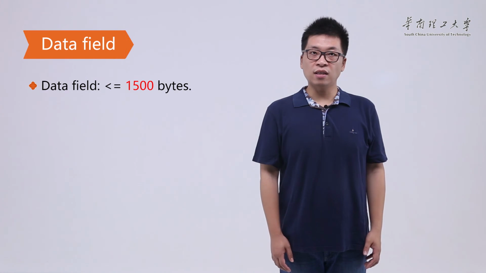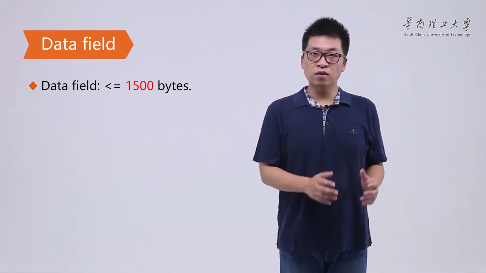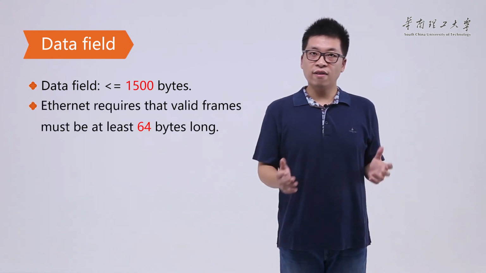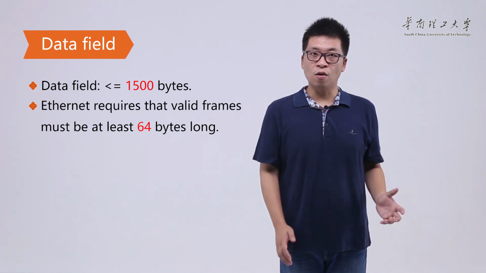The last field in the frame is the data field. The length of the data field should be less than or equal to 1500 bytes. Ethernet requires that valid frames must be at least 64 bytes long.